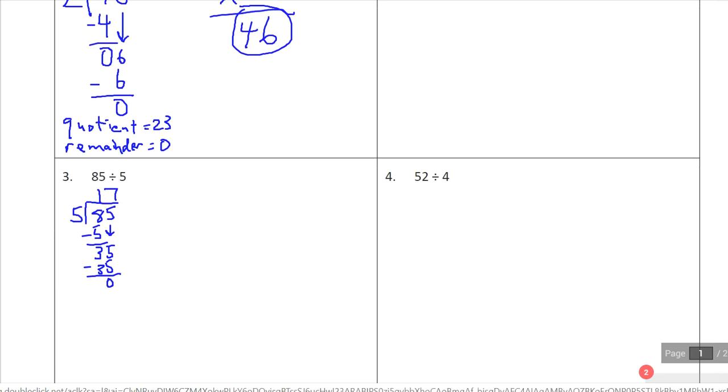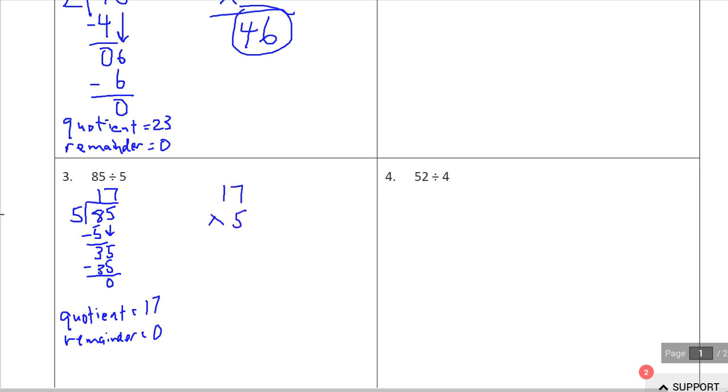And once again, we have a remainder of 0, but our quotient this time is equal to 17. And our remainder is equal to 0. And so when we do our multiplication, we're going to have 17 times 5.